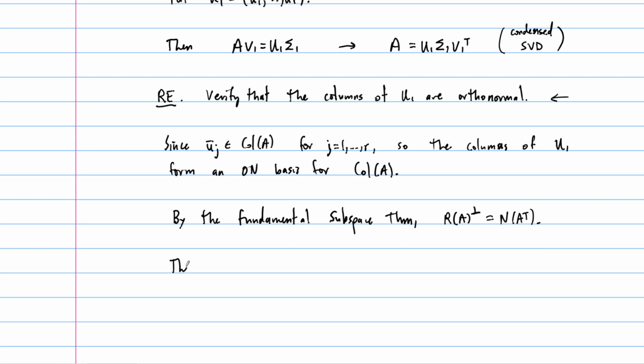So the remaining columns of U are an orthonormal basis of the null space of A transpose. That's how we compute those. Remember how you would do this: you would find a basis for the null space and then use Gram-Schmidt to make it orthonormal.